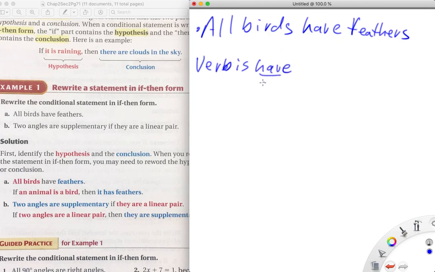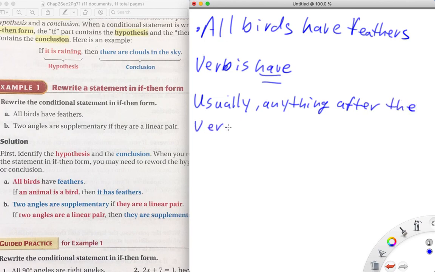The verb is have, right? Anything after the verb is usually the conclusion.